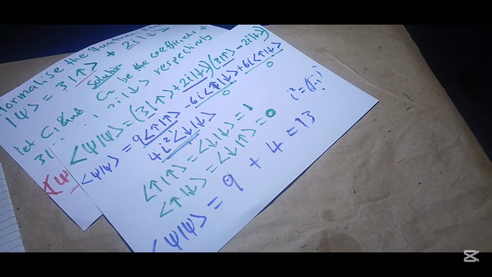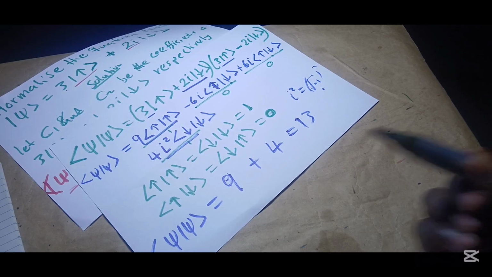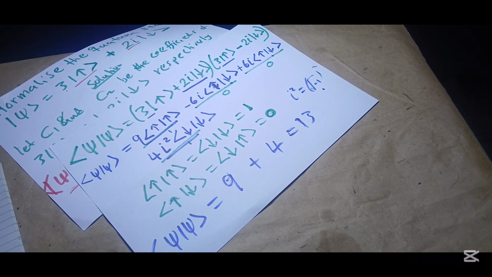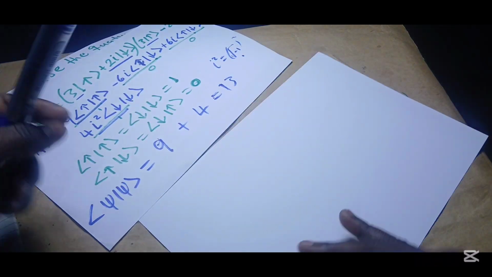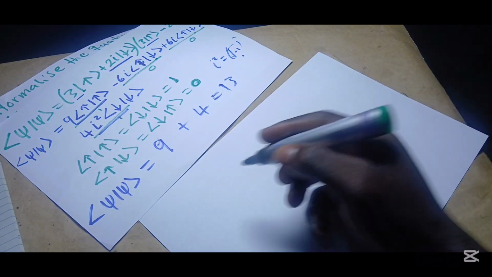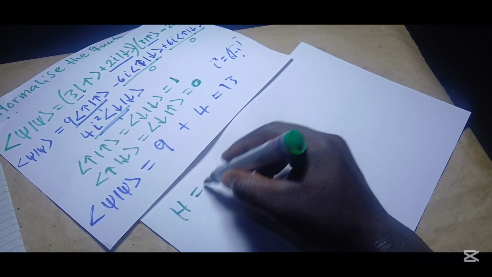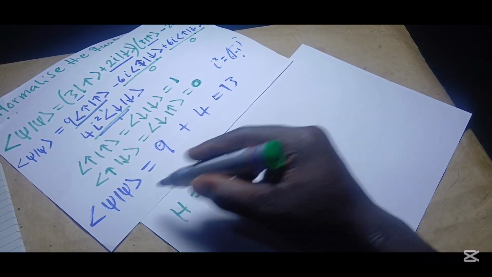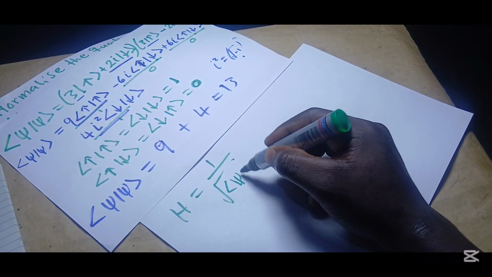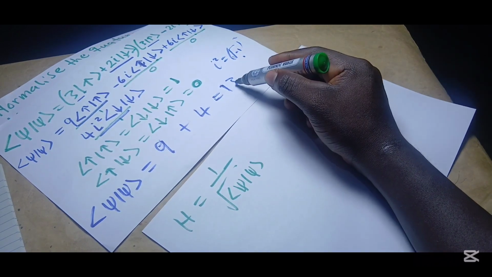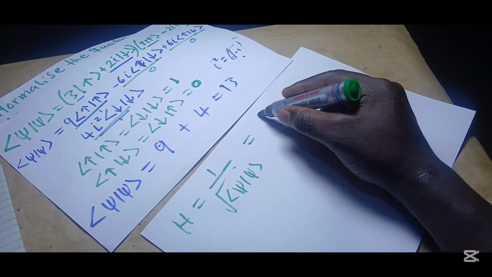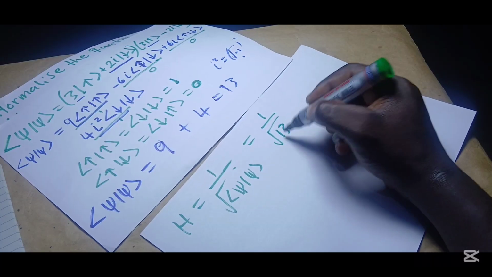Then after we are done with this, we calculate our normalization constant. And the normalization constant is just going to be the same formula. So N equals 1 over square root of bra psi multiplying psi ket. So in this case, we had it to be 13. So equal to 1 over square root of 13.